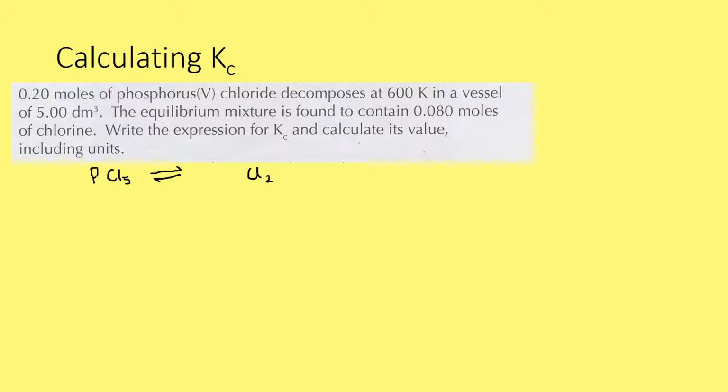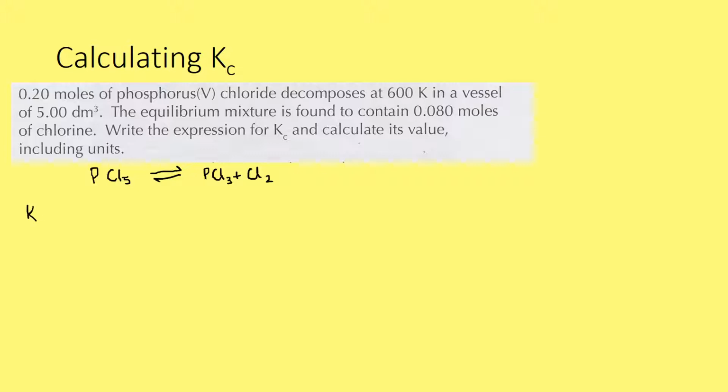And if Cl2 has decomposed off, then the remaining part of the molecule is going to be phosphorus trichloride. So they are our 2 products that have decomposed, and we started off with phosphorus pentachloride. So that's a good start, and our equilibrium expression is going to involve all 3 of those.